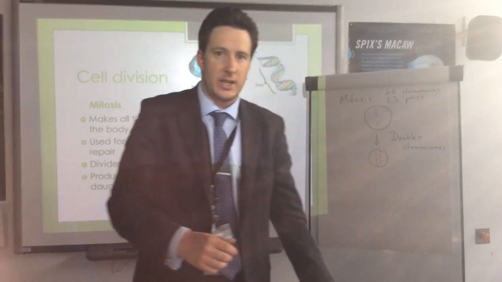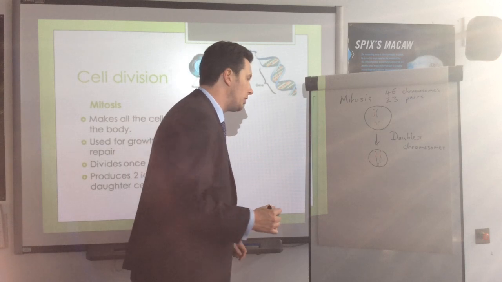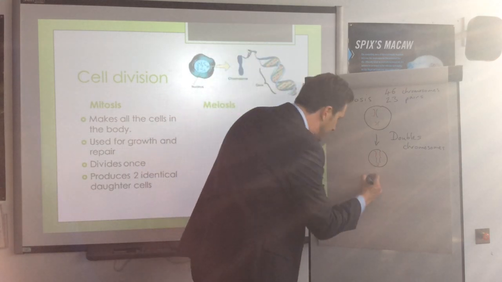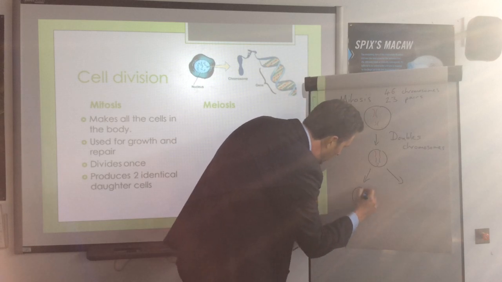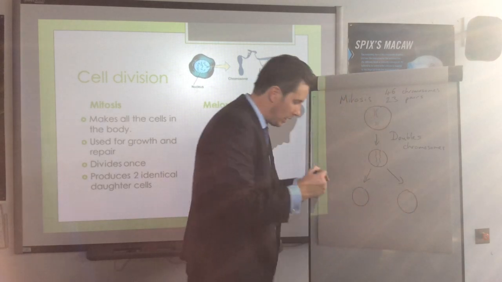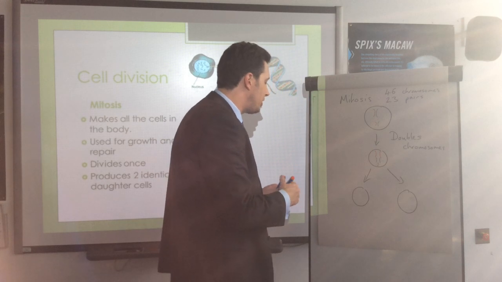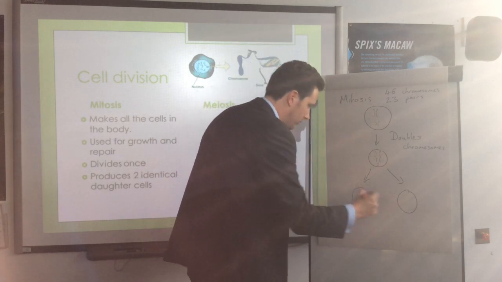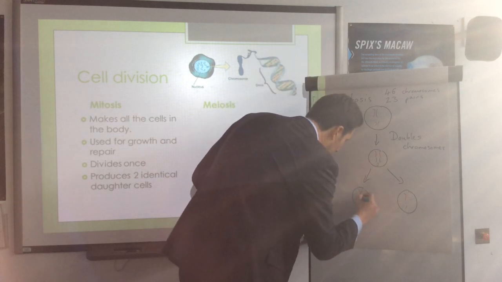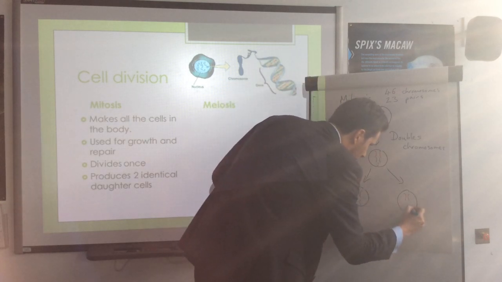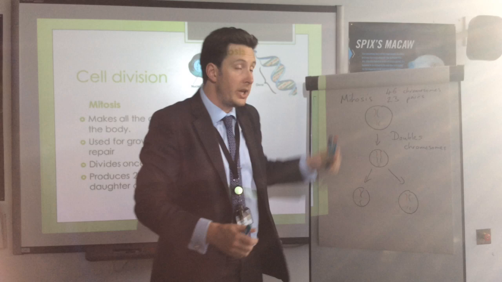I could add levels to this, but really all you need to know is that the cell then pulls apart and divides into two new cells. And those two new cells that are produced are, in every way, identical to the cell that it started with.